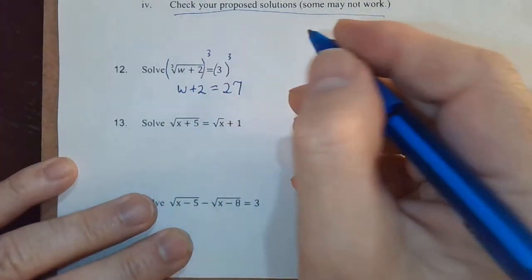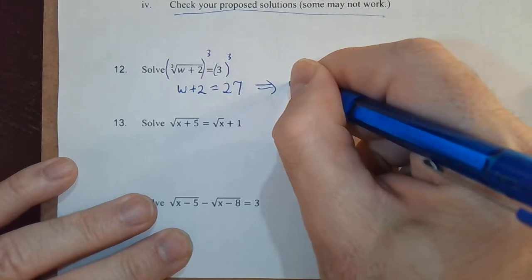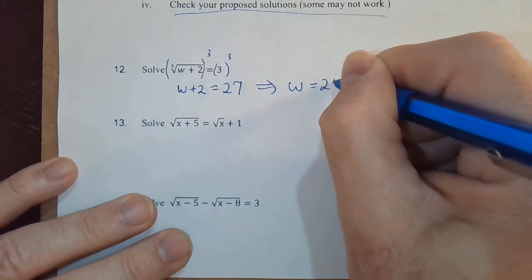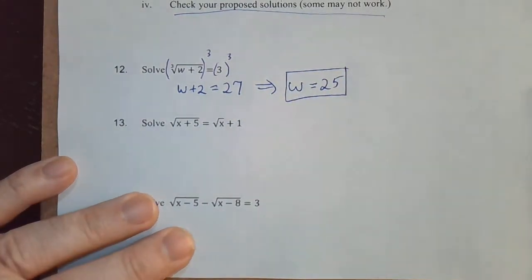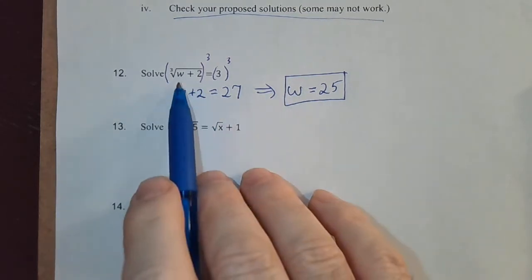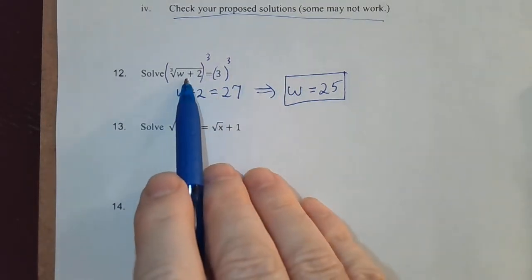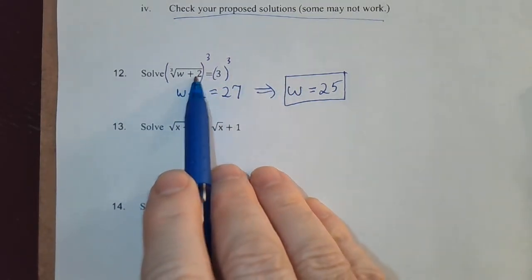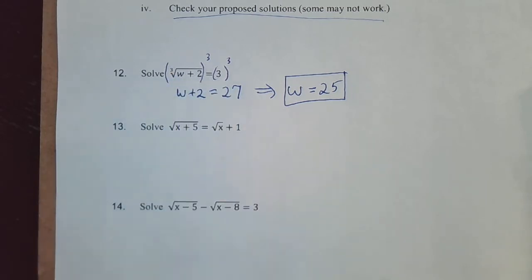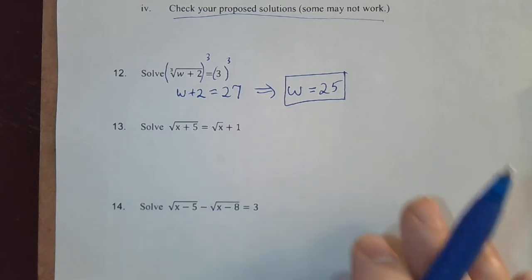Subtract 2 from both sides and we get w equals 25. Only one solution. And let's make sure that works in the original equation. 25 plus 2 is 27, and the cube root of 27 is indeed 3. So that's the correct answer.